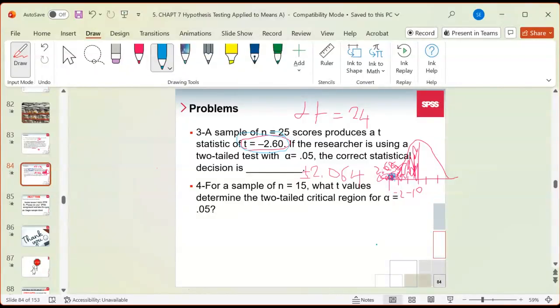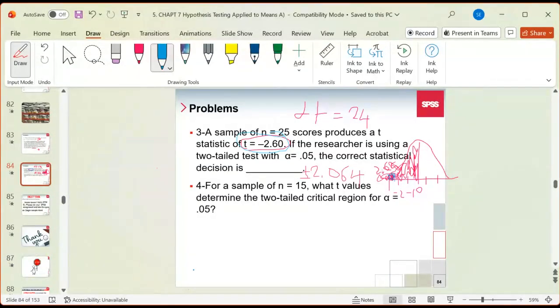That means it goes further than 2.06. Okay. All right, so that's for that.